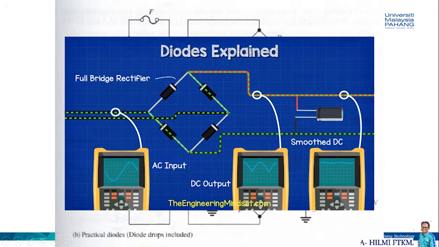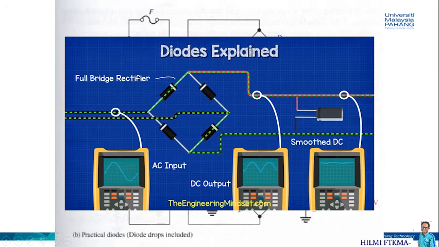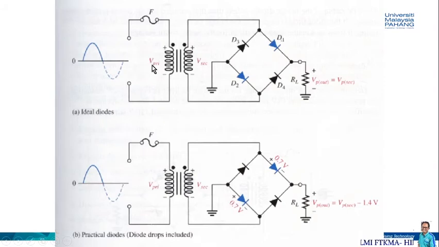Ideally, the primary voltage goes through the transformer, we obtain the secondary voltage, and with the bridge full wave rectifier the peak output voltage is equal to the peak secondary voltage.